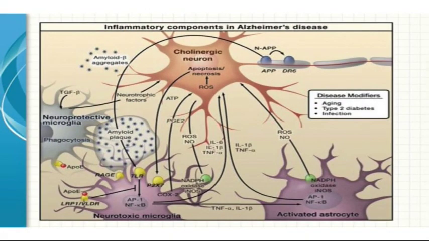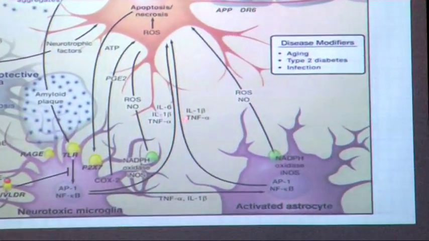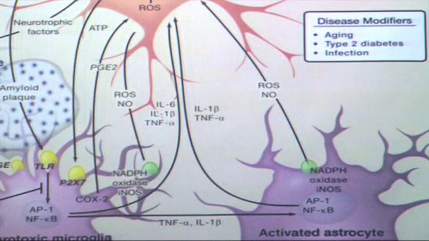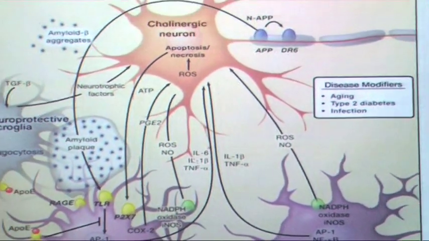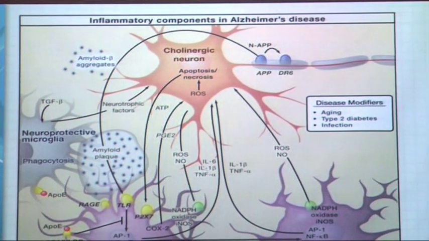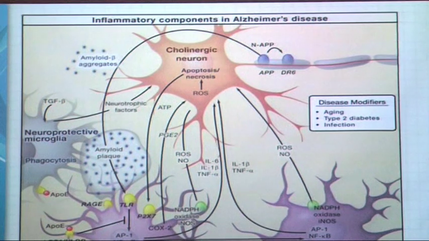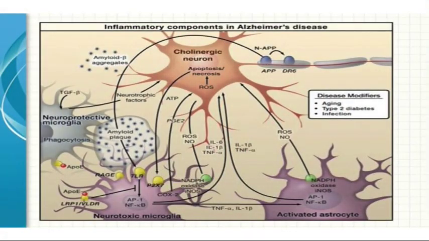And both cells, astrocytes and microglia, can be triggered to produce reactive oxygen species, nitric oxide, and inflammatory molecules, which then impair, endanger and injure the motor neurons and other neurons, which causes Alzheimer's and other neurodegeneration.